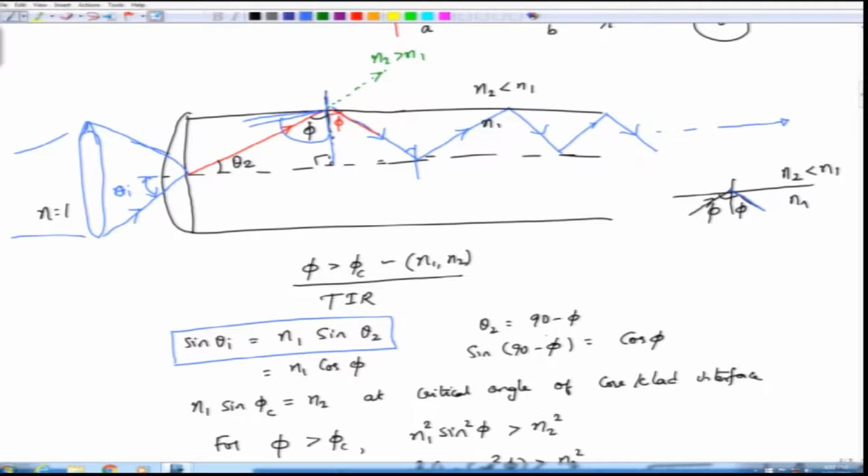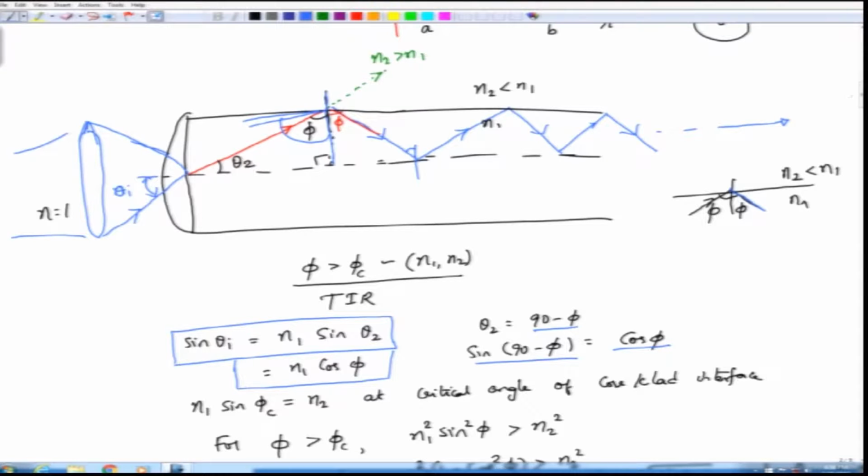I can use this expression for theta 2. I know that sin of 90 minus any angle phi is cos phi. So, in place of n1 sin theta 2, I can write the right hand side as n1 cos phi. The left hand side is sin theta I. You might ask, what happened to the refractive index of air? Well, the refractive index of air is just equal to 1, therefore I did not show it explicitly.